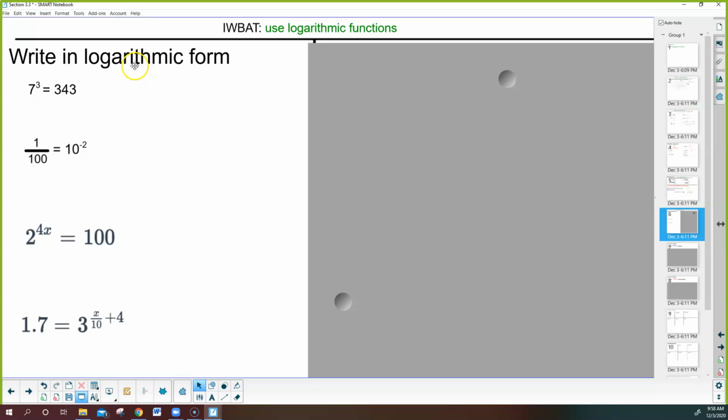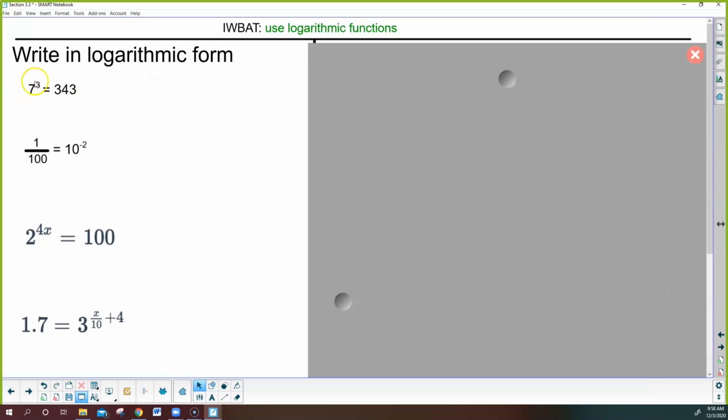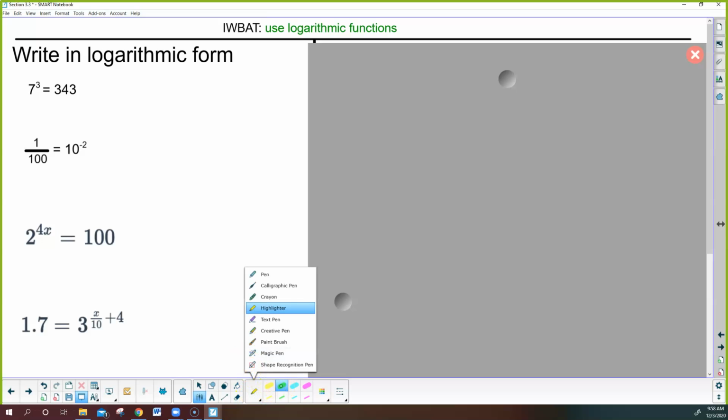Our goal is, I'm going to give you these, and you can notice every one of these is written, sometimes in a weird format, in exponential form. We want to write this into log form.